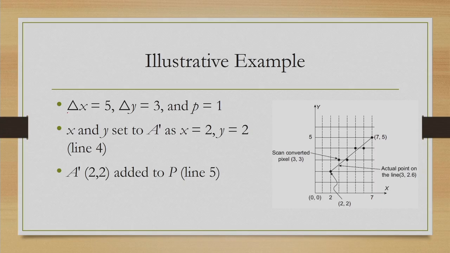So, we will start with computing delta x, delta y and initial p. Then we start with one endpoint and add it to the list of pixels, the endpoint.